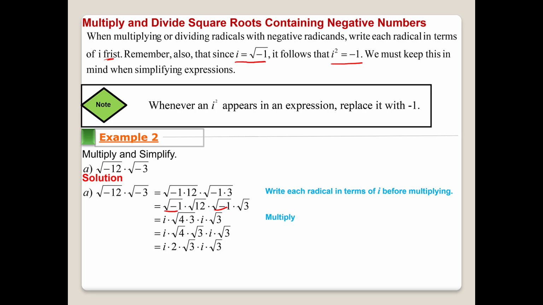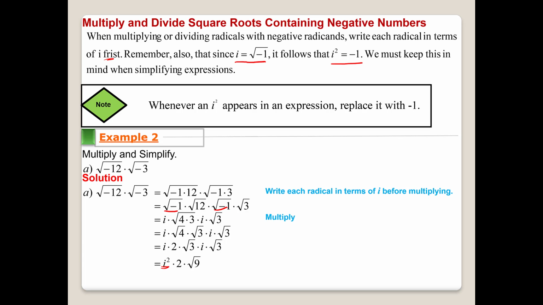So now we have, again, i times 2 square root of 3 times i times square root of 3. So now we're going to get i squared times 2 times square root of 9, right? The 9 staying underneath the square root, since square root of 3 times square root of 3 gives us 9. So hopefully you see that kind of simplifies further here in a second as well.